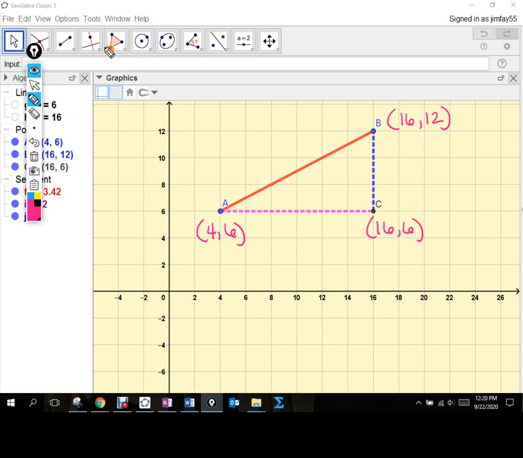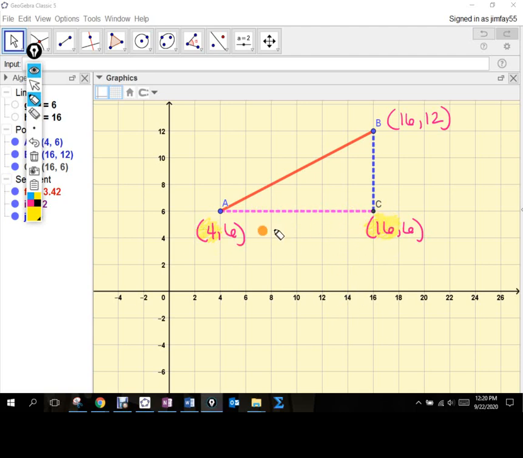Okay. So I got that information in there. What I want to do is find the midpoint of the red segment. But what's going to help me is the actual midpoint of the horizontal and vertical segments. So if I'm looking at this horizontal segment, the coordinates that are going to help me find its midpoint are the 4 and the 16.